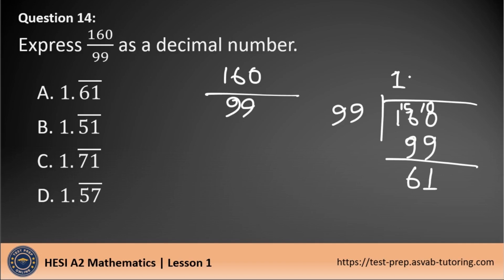Against the point we will put a 0 here, so it's 610. So 6 times 99: 6 times 9 equals 54, 4 is here and 5 is a carry, and 6 times 9 is 54 plus 5 equals 59.